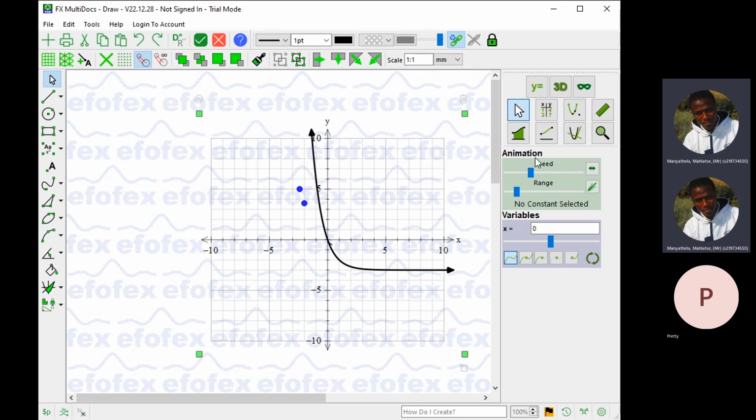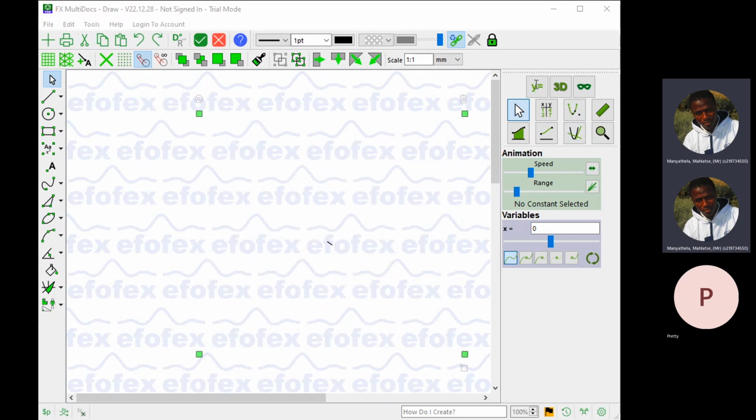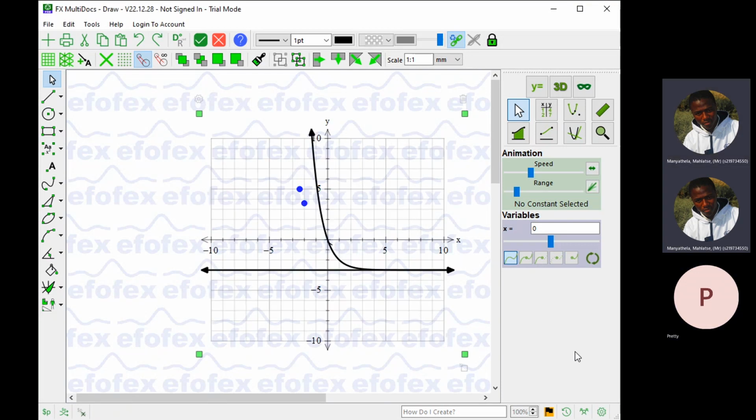Okay, let me try to add that horizontal line. Yeah, something like that, but it's supposed to be a dotted line. So you know that your graph is not supposed to touch this line. It comes closer to the line, but it doesn't touch the line.